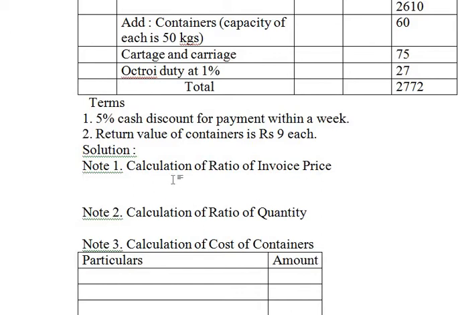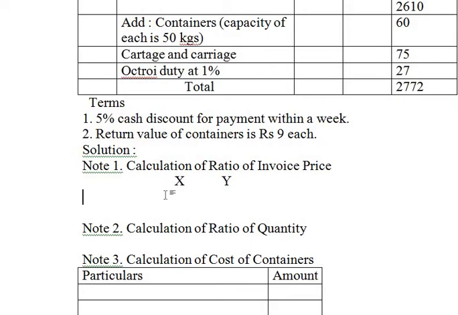Here there are two materials, X and Y. The invoice price of material X, go through the chart, is 1500.